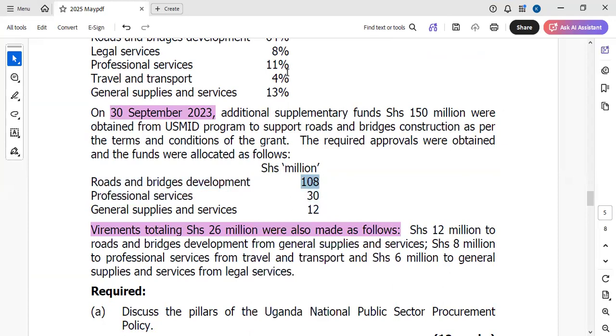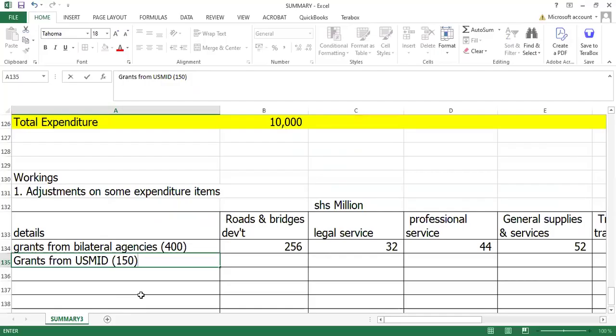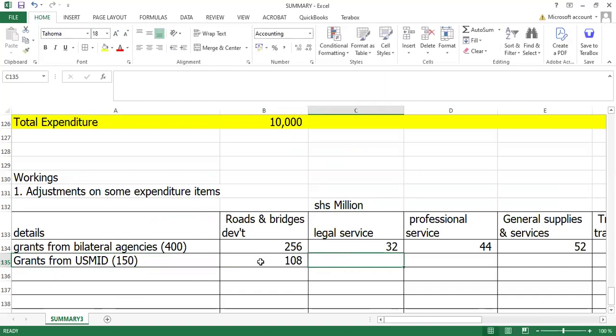So we go to the column for roads and bridges. We put 108. Did the entity allocate anything to legal service? When you look at the question, no, so you don't need to put anything.